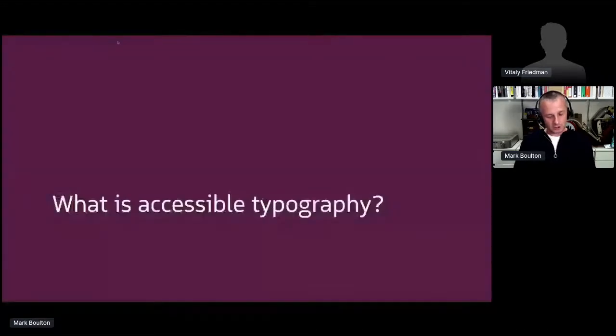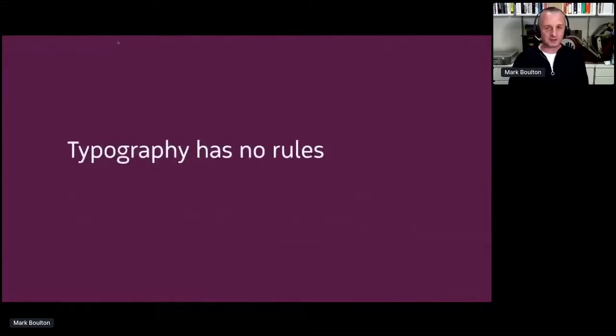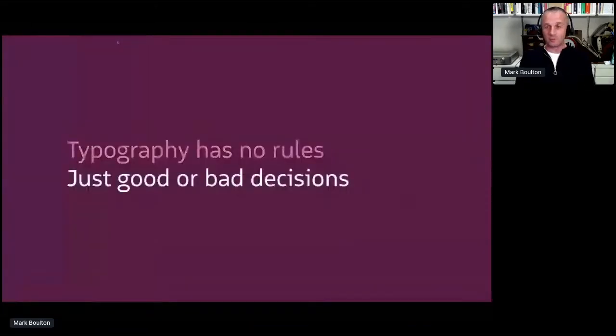So what I want to do initially is just frame the discussion around typography and accessibility alongside it. The first thing to understand, and the first thing that I'm very keen to tell people, is that typography has no rules. There are really just good or bad decisions that you can make with typography. Some people will give you a bunch of rules, and really there aren't.